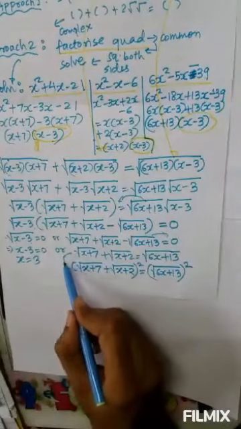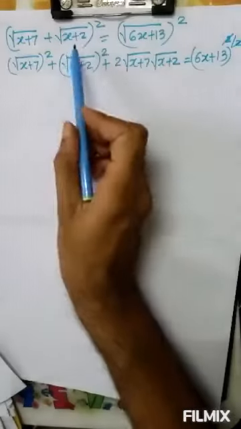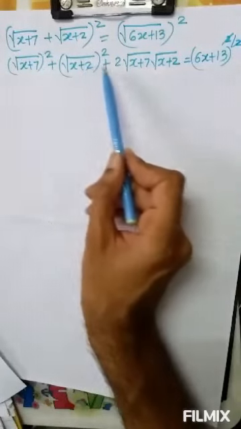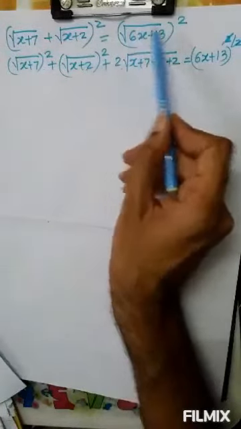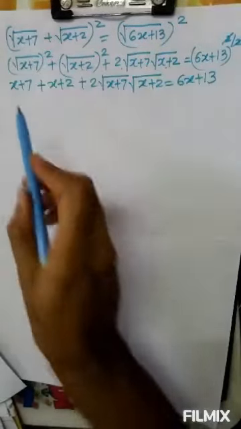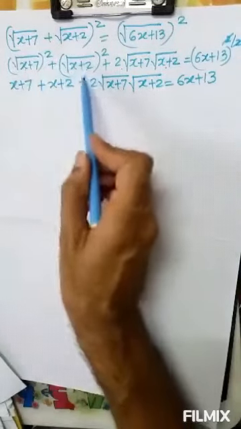Solving this, we will square both sides. When we square both sides, a plus b whole square, a square plus b square plus 2ab, this under root is cancelled by this square, so this becomes 6x plus 13. Same happens with this and this term, the square root is eliminated by this square.